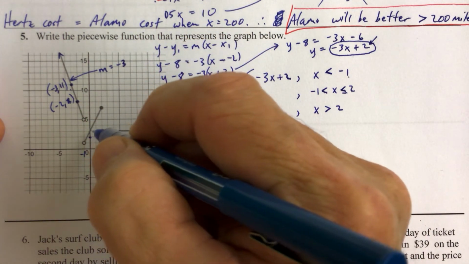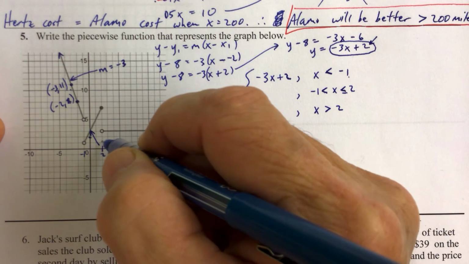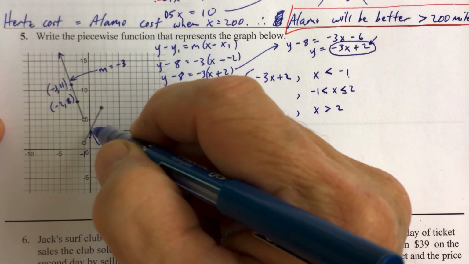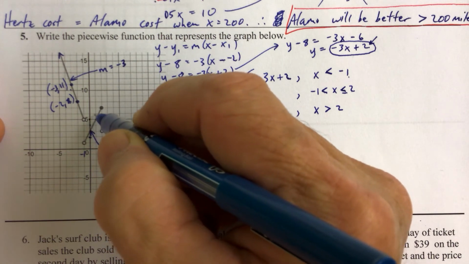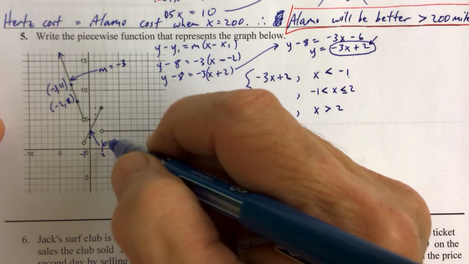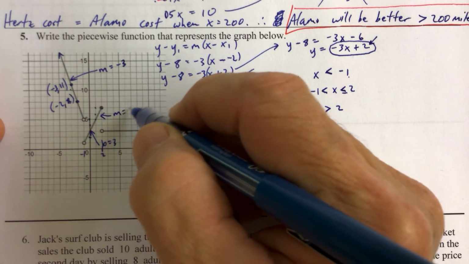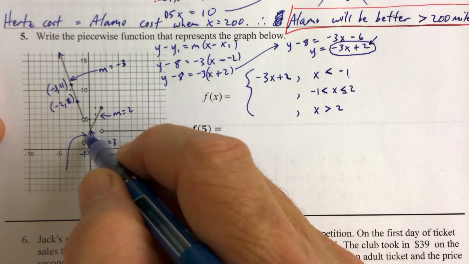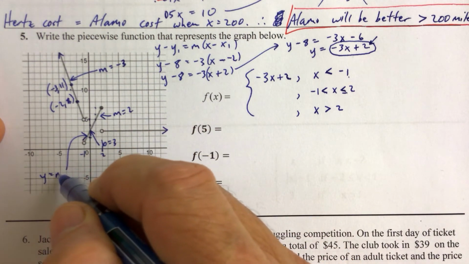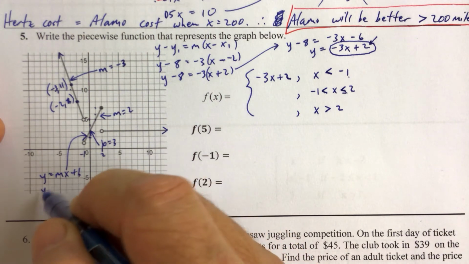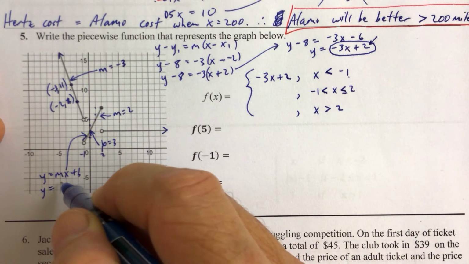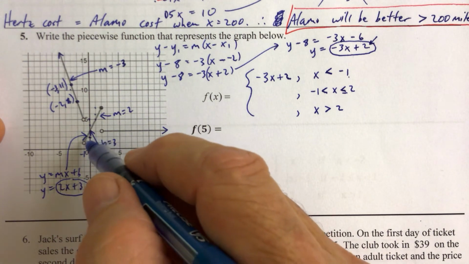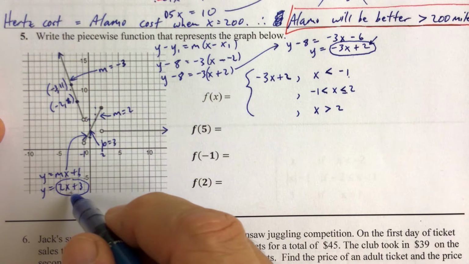Alright, so let's look at the next piece. We could see that the next piece has a y-intercept of 3 and it has a slope of up 2. So we go up 1, 2, and over 1. So the slope of this line is 2 over 1. So we know then that the equation of the line, y equals mx plus b, the slope is 2 and the y-intercept is 3. So the middle piece is defined to be y equals 2x plus 3.